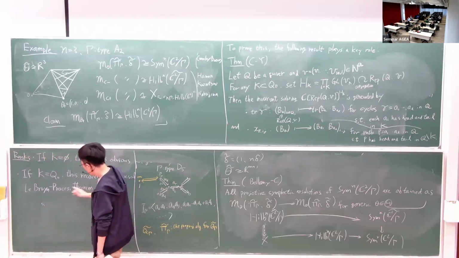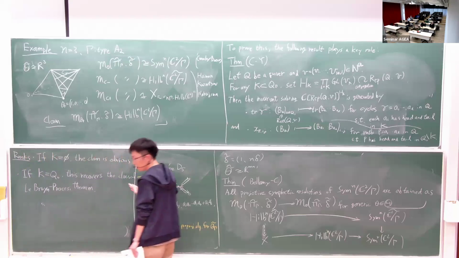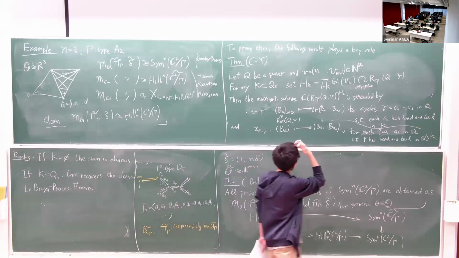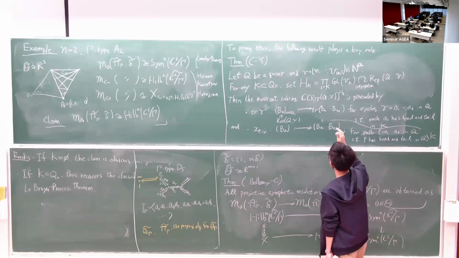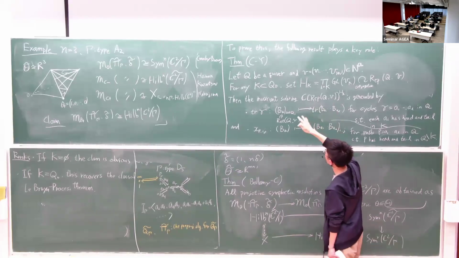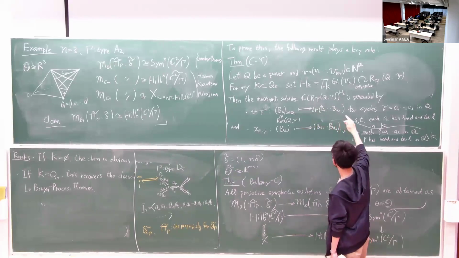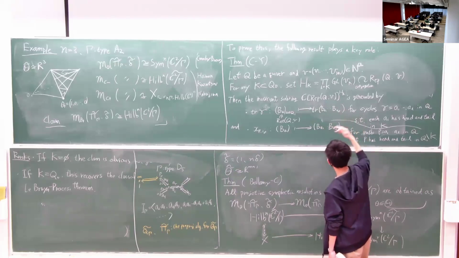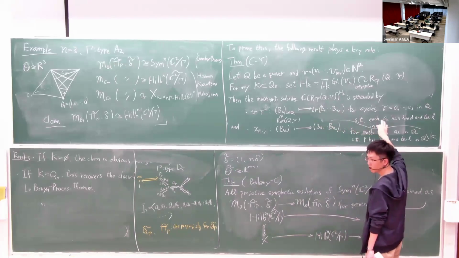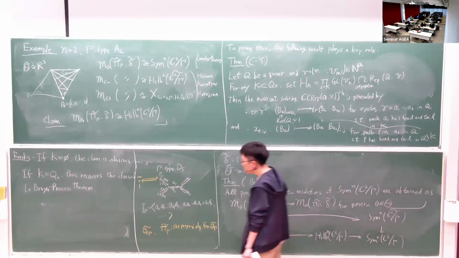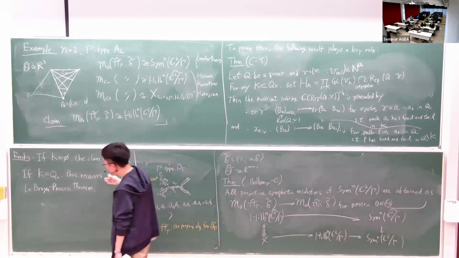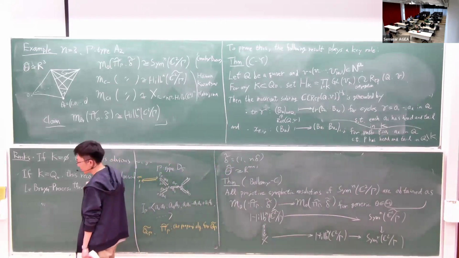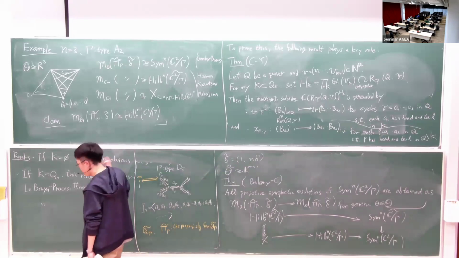The De Concini-Procesi theorem states that if K is the whole vertex set, then the invariant ring is generated by traces of the cycles. So we can recover this result as a special case of that theorem.